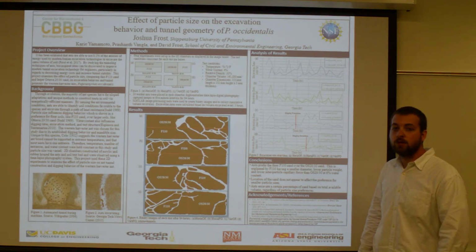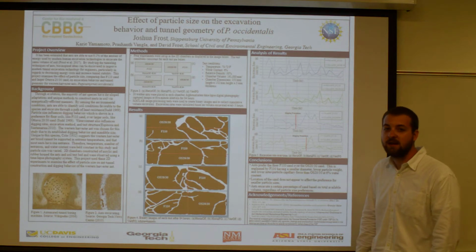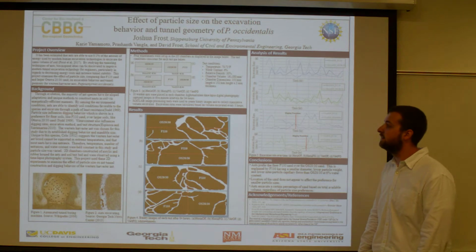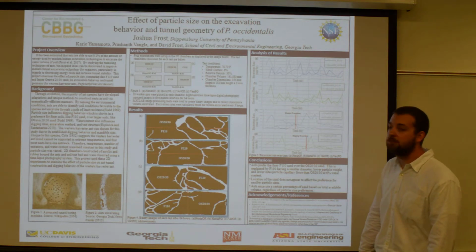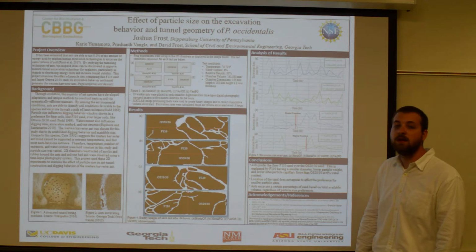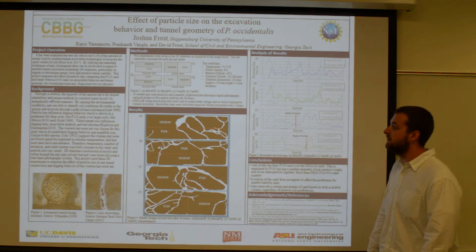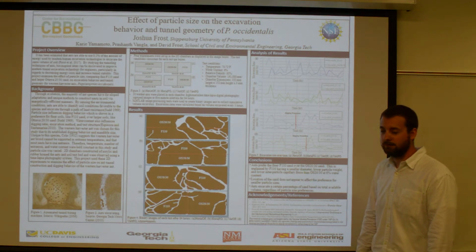After an equal number of workers were placed in each chamber, a high-resolution time-lapse digital photography system captured the process of excavation over 84 hours. Then MATLAB image processing tools were used to create binary images and to collect the cumulative volume excavated, which was then used to calculate excavation rates for every 3 hours.